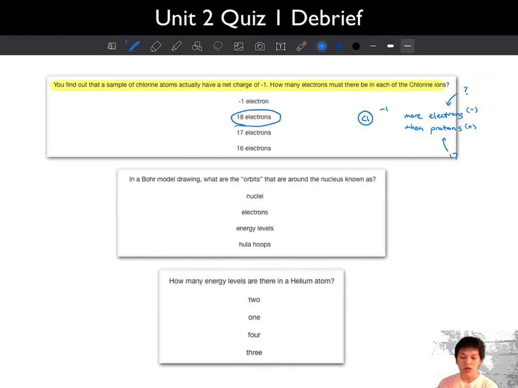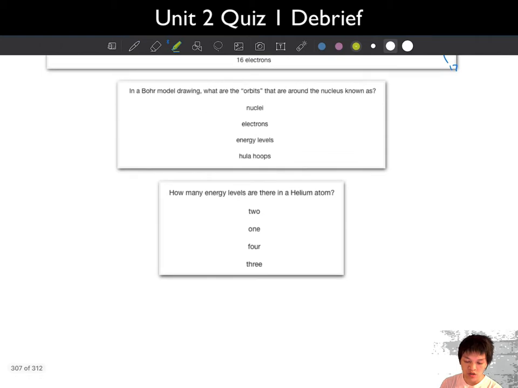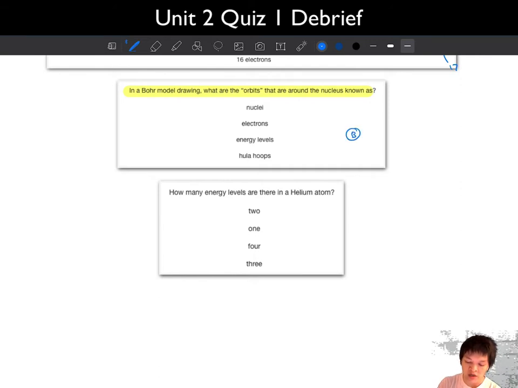Okay? Next question. Let's see what we got. In a Bohr model drawing, what are the orbits that are around the nucleus known as? So in a Bohr model, let's say it's boron. You just gotta know what Bohr models represent, right?